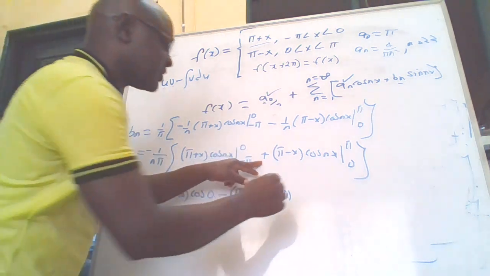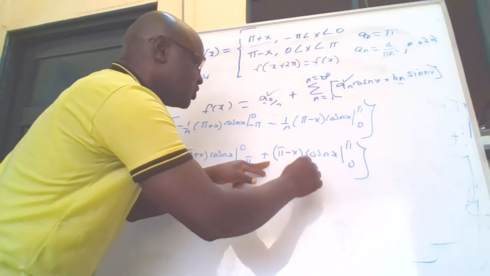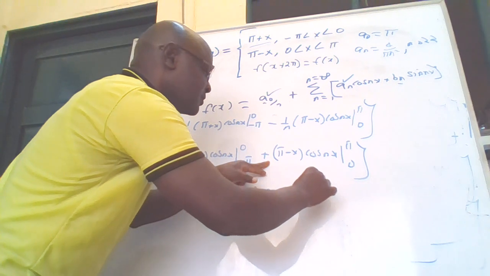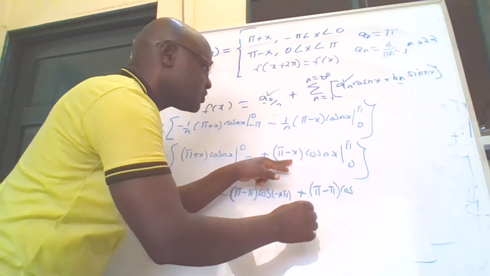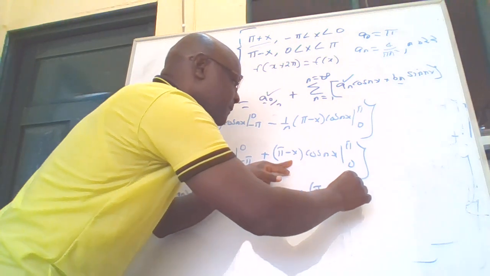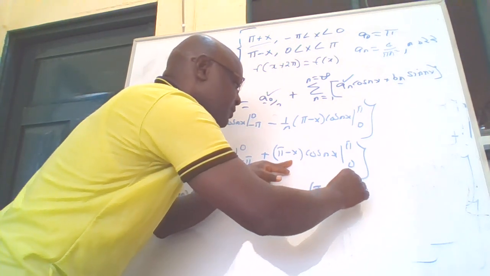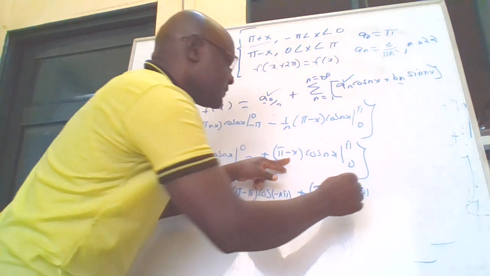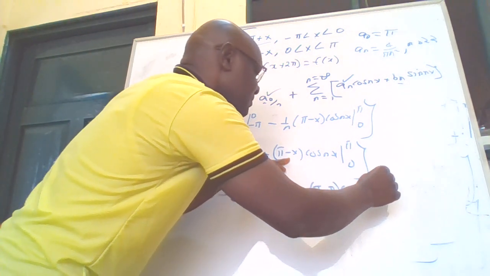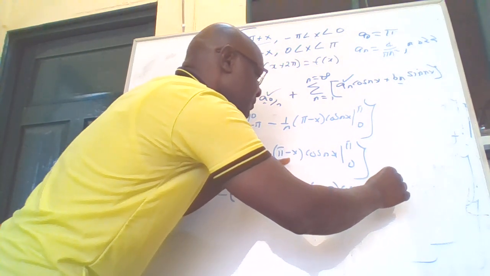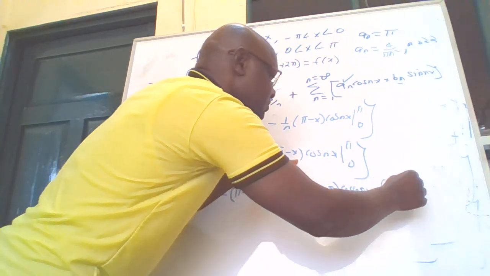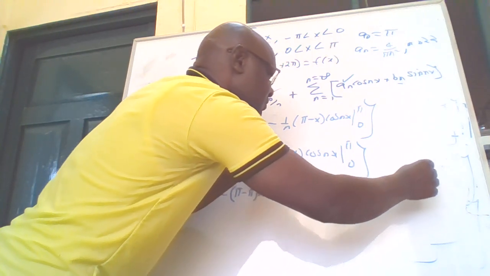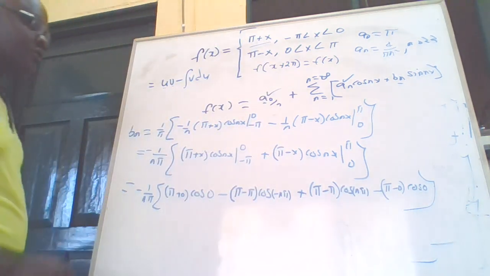Then here we have plus, so you have pi minus pi cos n pi, like that. Then you have minus pi minus 0, then cos 0.